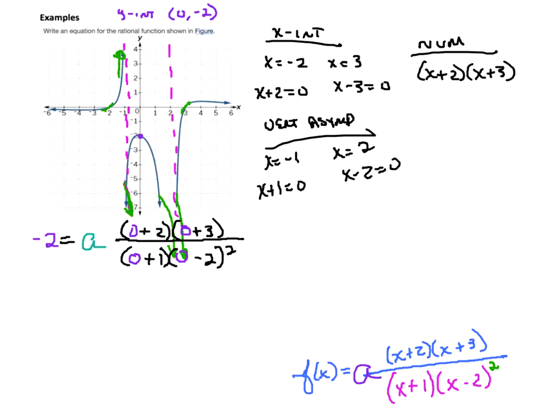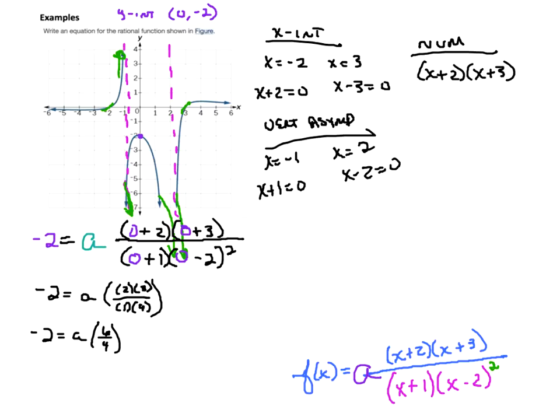And my x value at that point is 0. That's why I use the y-intercept, because it plugs in 0, which is nice. Okay, so just simplifying this, -2 equals some stretch factor a multiplied by the fraction 2 times 3 over 1 times -2 squared is 4. So that's -2 equals a times 6 over 4.